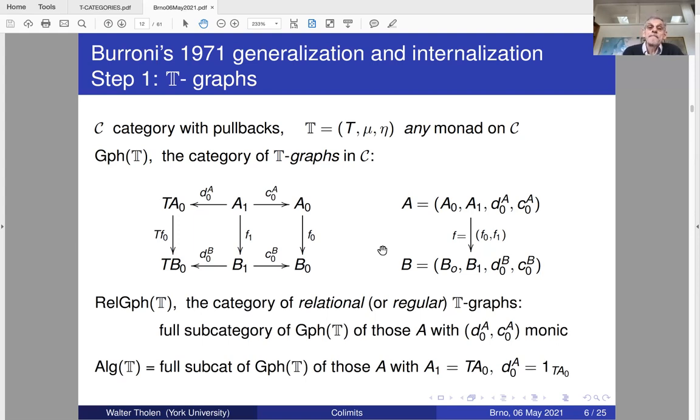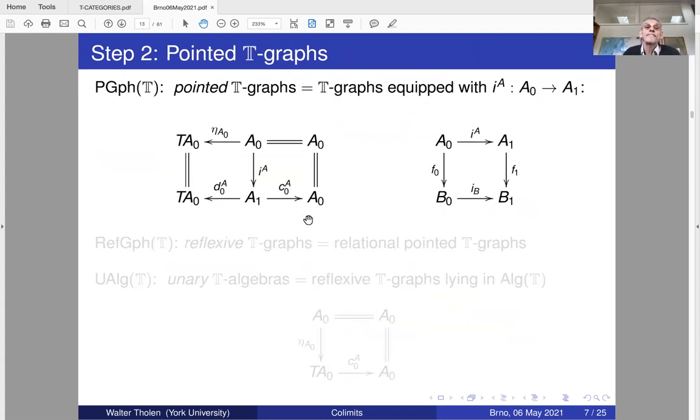Then really you have A0 and T of A0 and a morphism from TA0 to A0. So you get to the most general notion of algebra, as one uses that in computer science, algebras or co-algebras in the most general sense.